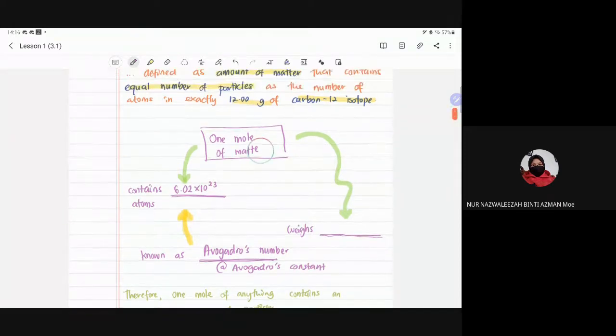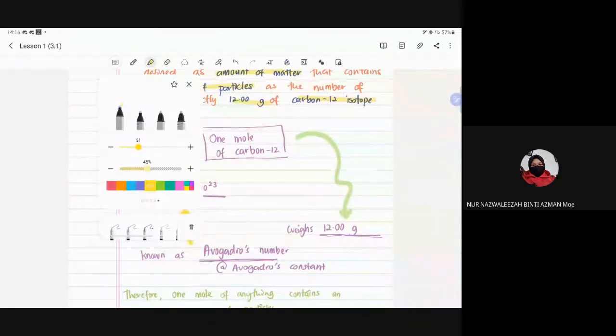Okay, 1 mole of matter. Sorry. This is 1 mole of carbon. So 1 mole of carbon-12, okay, it contains 6.02 times 10 to the power of 23 atoms of carbon-12. And then it weighs 12.00 grams. Okay, so now this is the definition of mole in terms of what it is lah, apa yang I have already break it down.